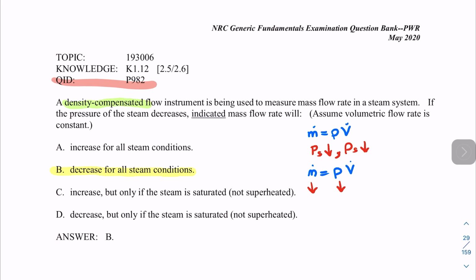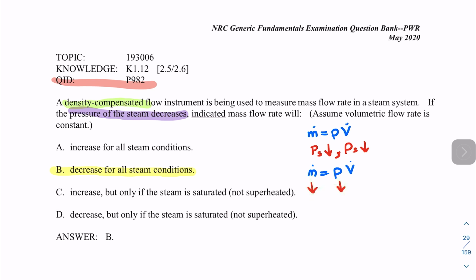So we have density compensated mass flow rate. We're going to use this formula: mass flow rate equals density times volumetric flow rate. Then it's telling us the pressure of the steam decreases. If the pressure of the steam decreases, the density of the steam decreases. So if this decreases, then the mass flow rate decreases.